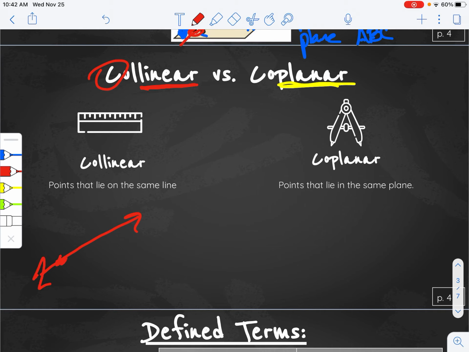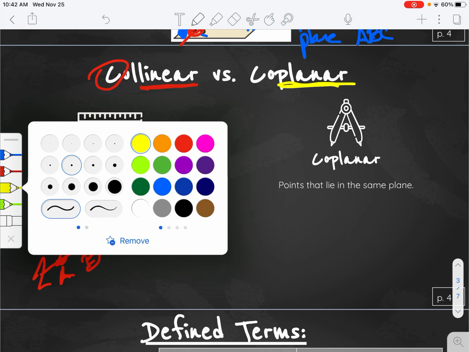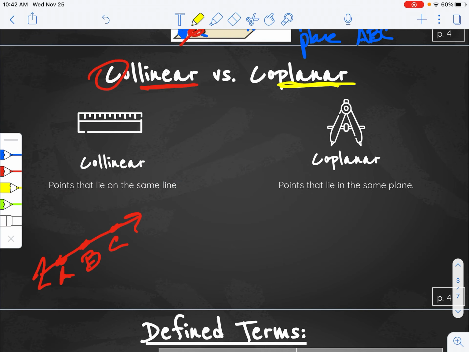So if we have a line, let's say there are 3 points on it, A, B, and C, we could say that points A, B, and C are collinear. Pretty straightforward. Now with coplanar, points that lie in the same plane, things are a little bit different.